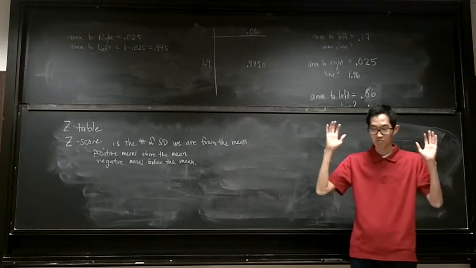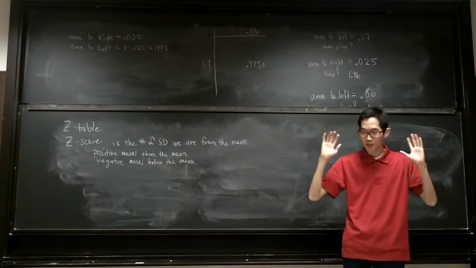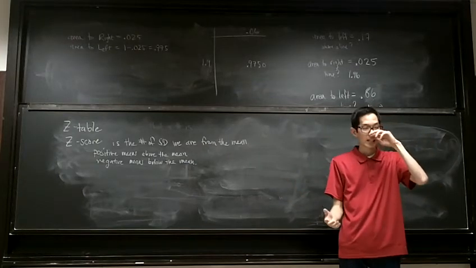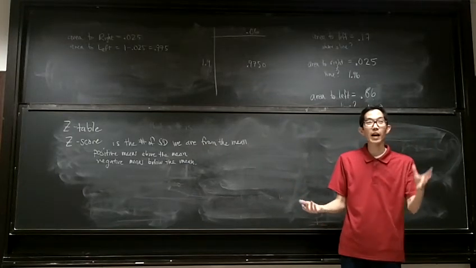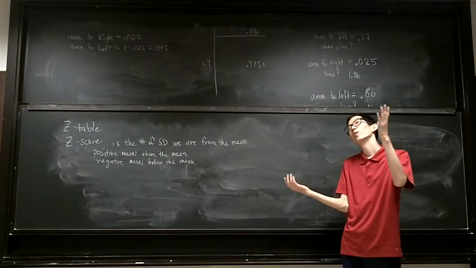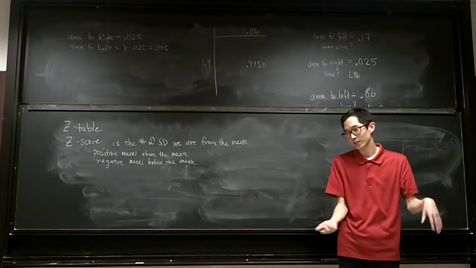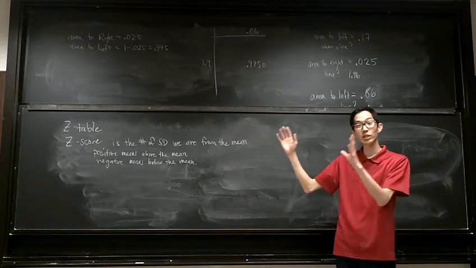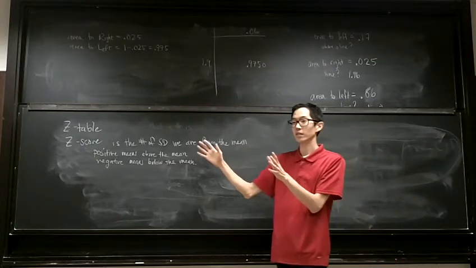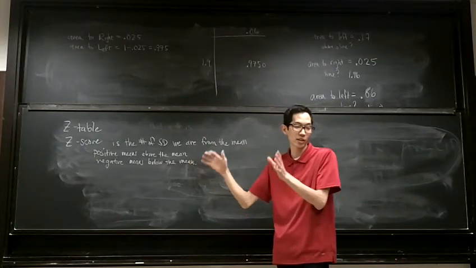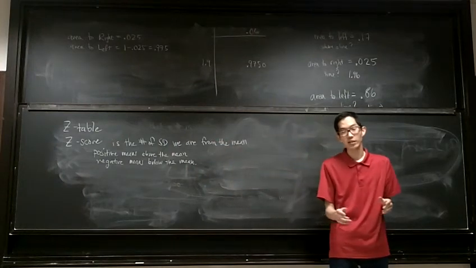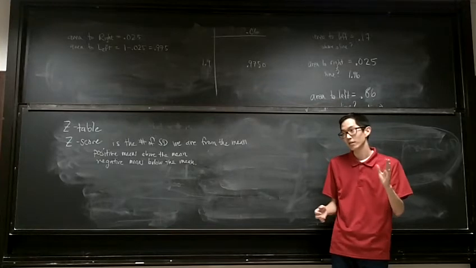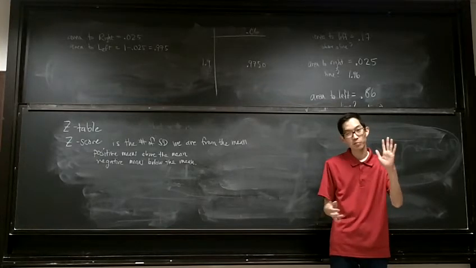Just listen and let's see if we can understand this. Let's say the mean weight of a box is 110 pounds, and the standard deviation is 5 pounds.